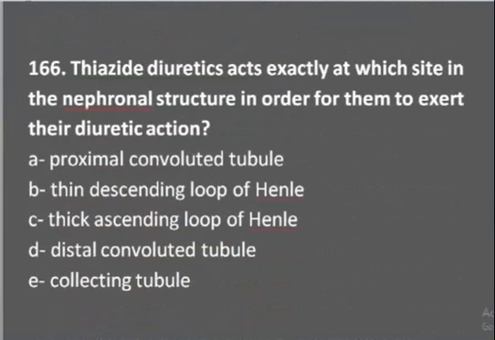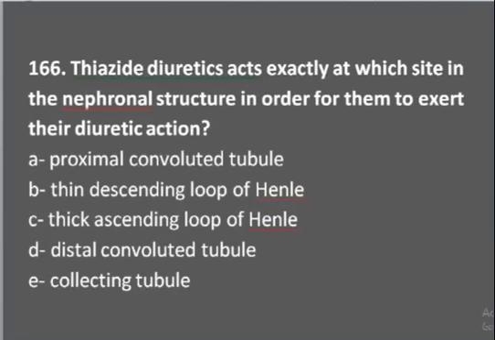Now the sixth one, thiazide diuretics act exactly at which site in the nephronal structure in order to exert their diuretic action. So we are asked to identify the exact site in the nephronal structure where thiazide diuretics will act and exert their pharmacological action, that is diuresis.